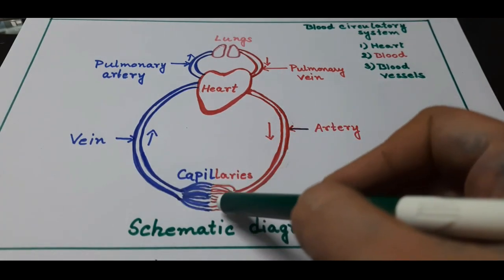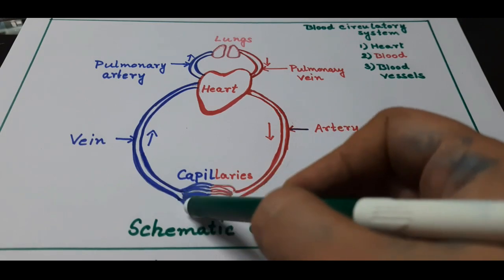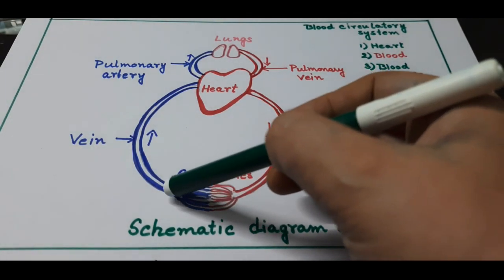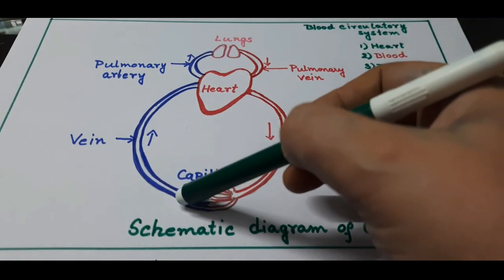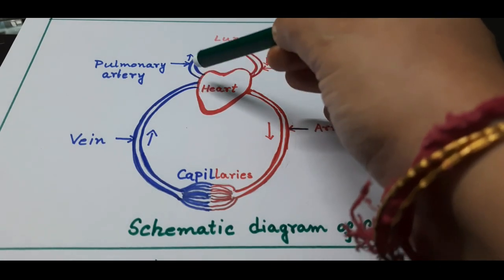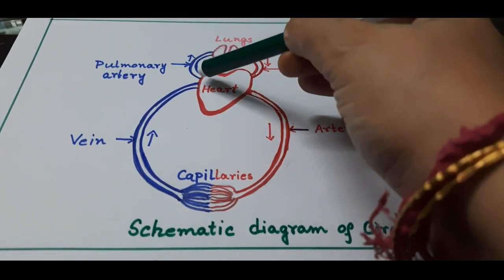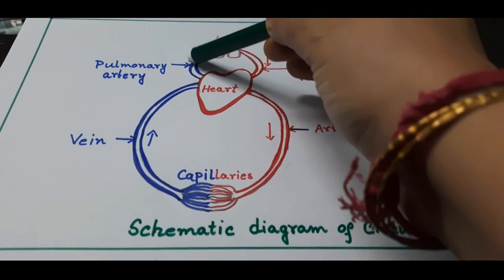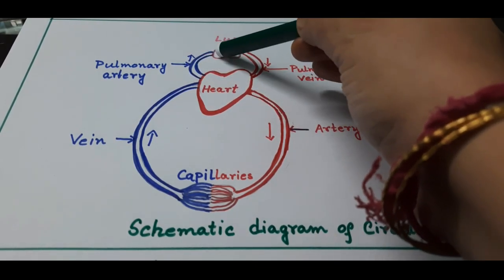So this is arterial capillaries, these are venous capillaries. Now the carbon dioxide which will be collected by the veins will be brought back to the heart. Now from the heart, pulmonary artery takes this carbon dioxide rich blood or deoxygenated blood to the lungs. Here it is purified.